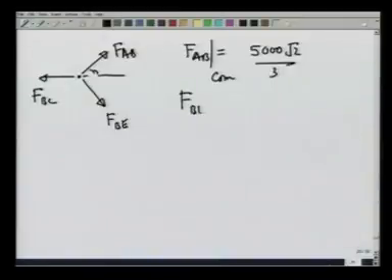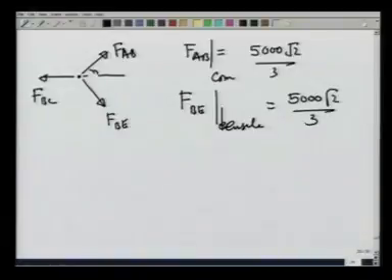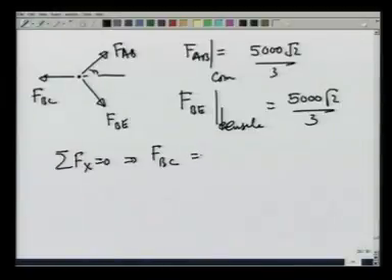FBE we have just determined, but FBE pulls the pin in, and therefore, by Newton's third law, the pin pulls it out. This is tensile, but its magnitude is 5000 root 2 over 3. And FBC from summation Fx equal to 0 would come out to be 2 times the x component of FAB, or FBE, which is the same thing.